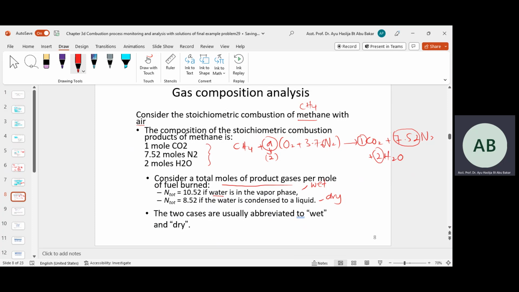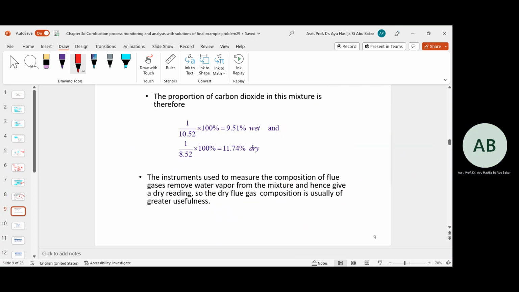Okay, this part we had done earlier in the previous subtopic. This is how to calculate the mole fraction of the gases in the flue gas stream, where, for example, CO2, which is 1 mole just now, is divided by N total.